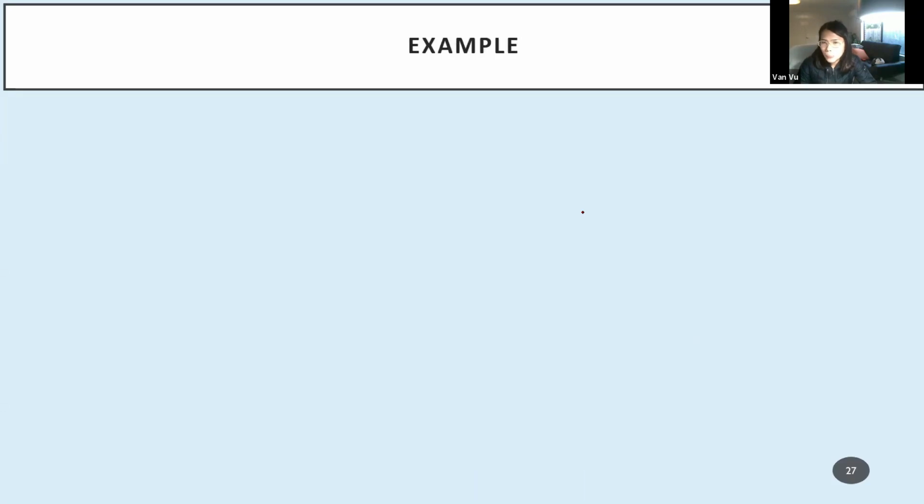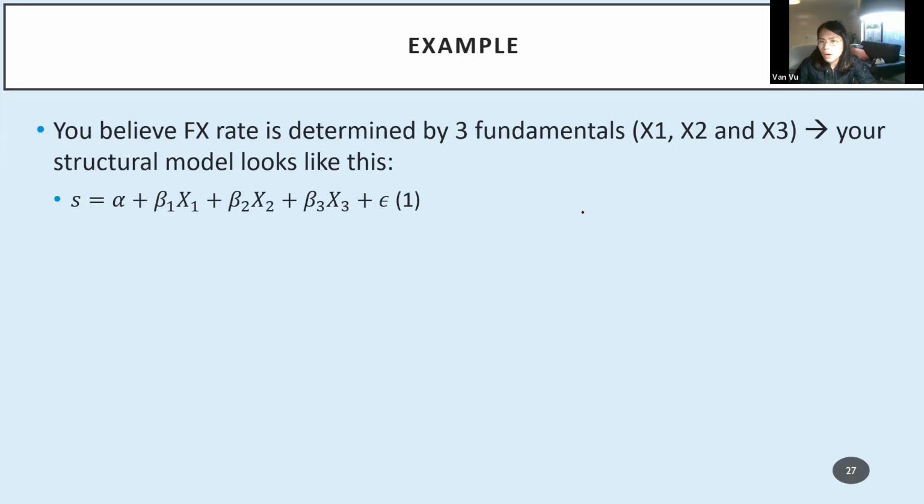So for example, in this example, I'm just giving you an idea of how a model could be constructed and how people use a model to predict future movement in spot exchange rates, okay?